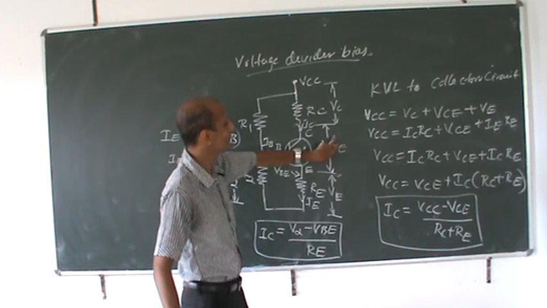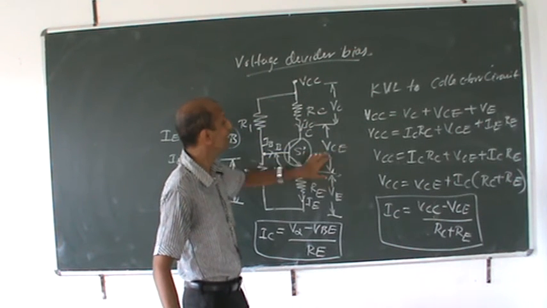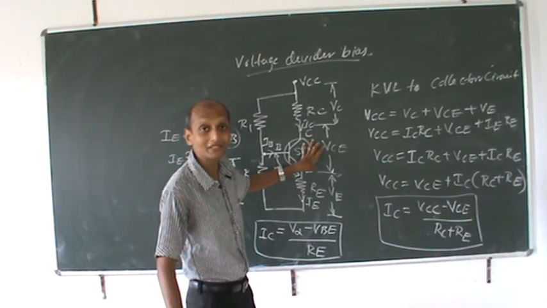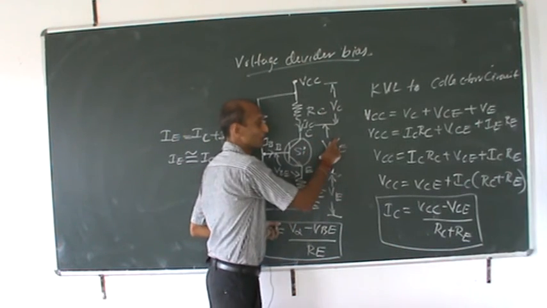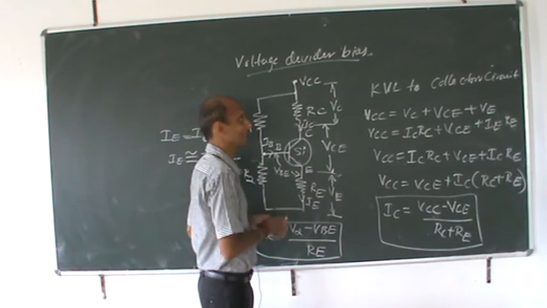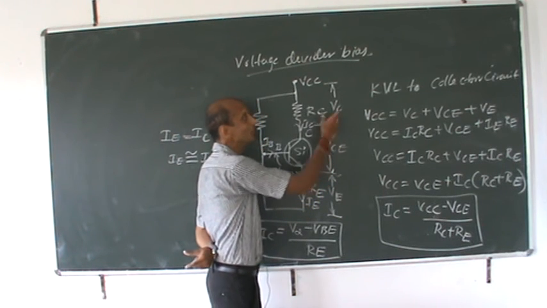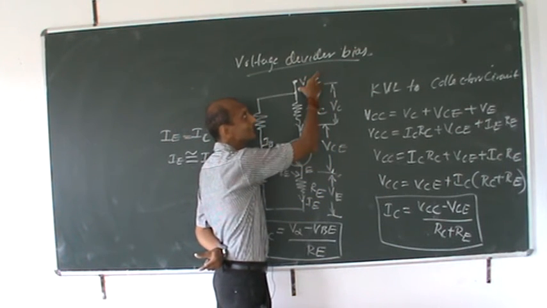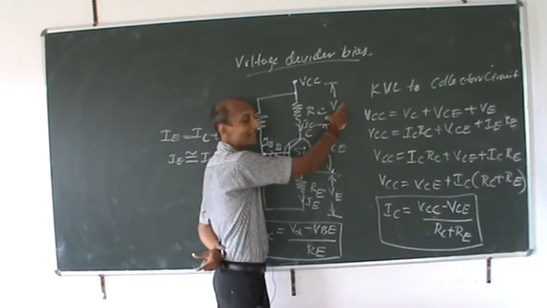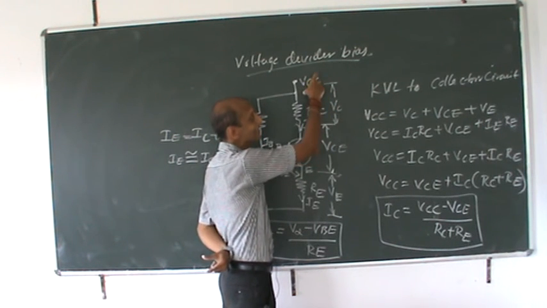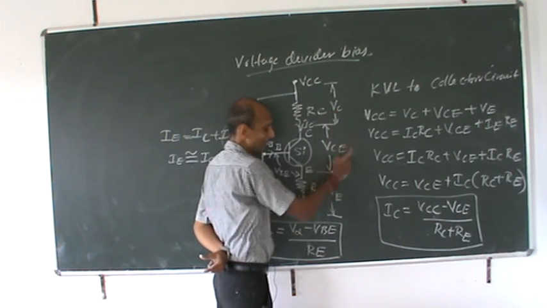So what will be the voltage drop across your collector to emitter terminal? The voltage drop across your collector to emitter terminal can be written as VCE equal to the applied voltage VCC minus, and I can write it as VCC minus VC plus VE.